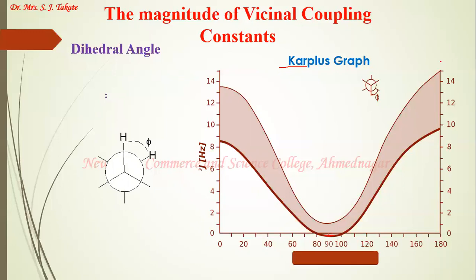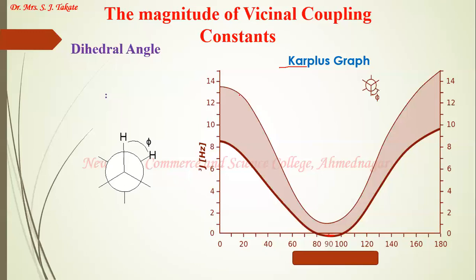This means that when the dihedral angle is 180 degrees, the coupling constant values are higher for the vicinal partners, especially when the vicinal partners are present on sp3 hybrid carbon atoms, because carbon-carbon bonds undergo rotation.